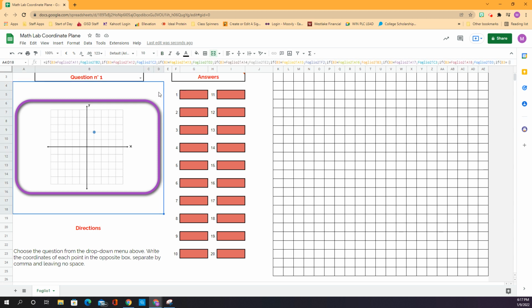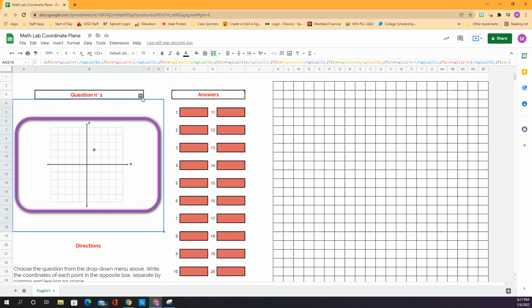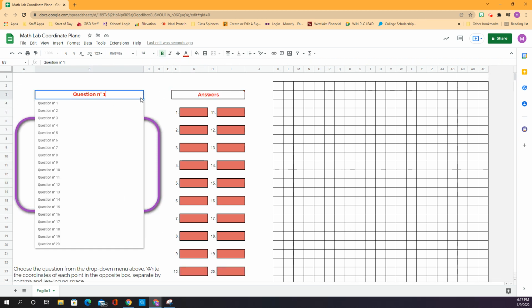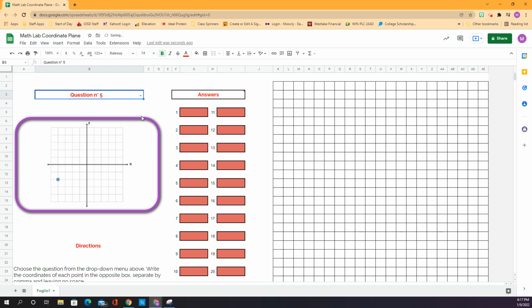And I'm going to do a couple examples, so just pay attention. So I'm going to start off by going to question number 5. And I want to review just a couple of things. Remember, when we are getting our ordered pair, we're always going to start at the origin. And when we move along the x-axis, if we're going to the left, that's negative. And if we're going to the right, that's positive.